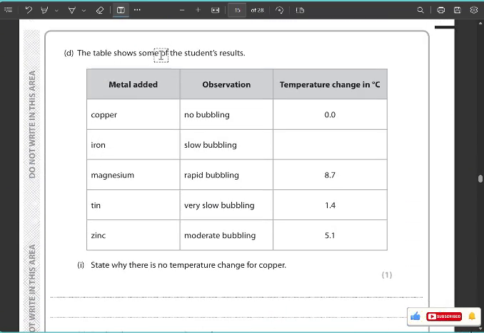Okay, the table shows some of the students' results. Okay, we can see the table. State why there is no temperature change for copper. The reason is copper is unreactive, or it does not react with hydrochloric acid.